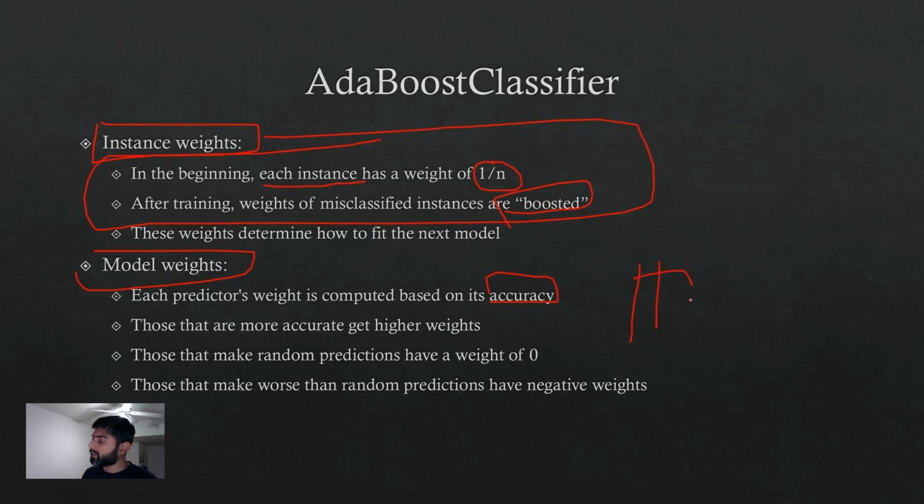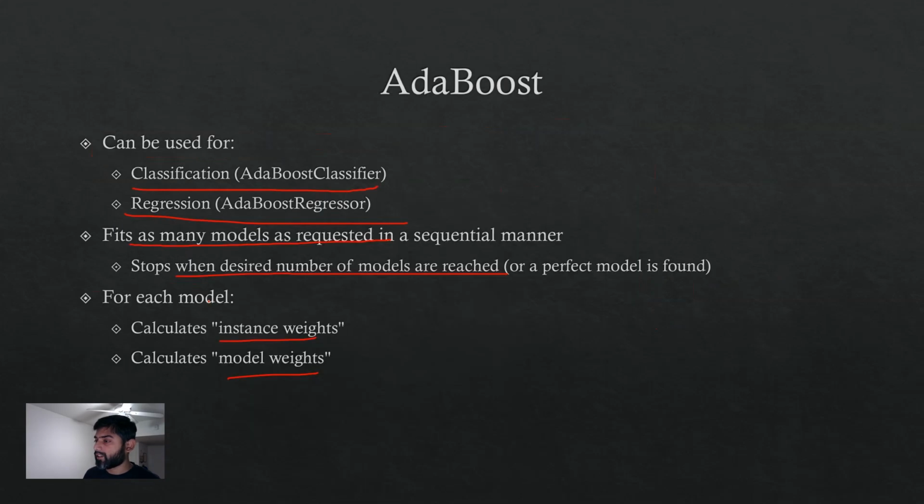So a random patch may be assigned a lower weight because that typically is making a poor prediction. So it helps the model improve its accuracy by two methods, instance weights and model weights. So AdaBoost uses both these concepts to make the prediction, and that's how it gets its improved accuracy over a regular decision tree.